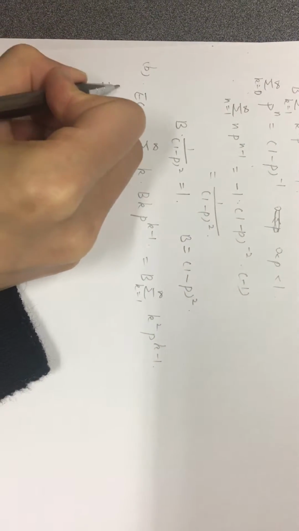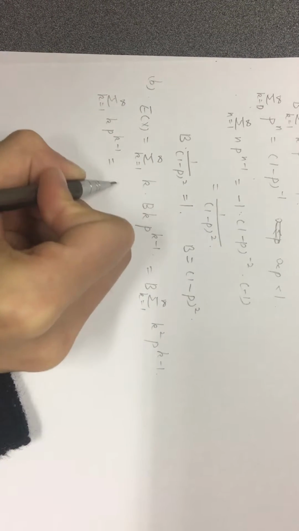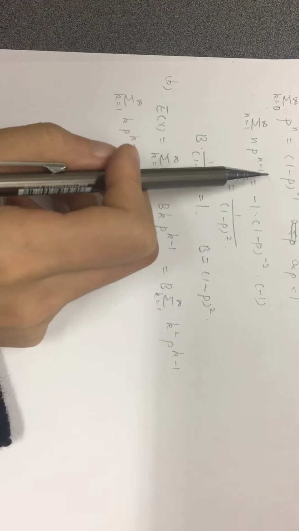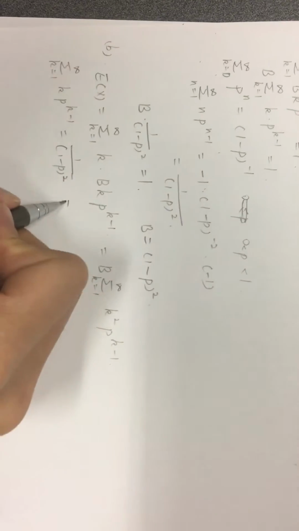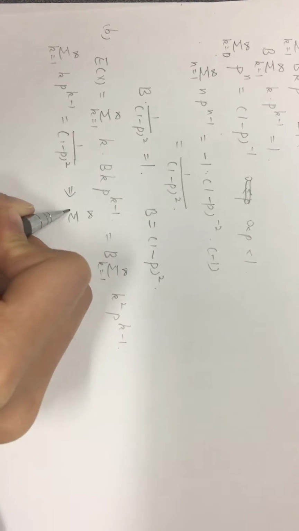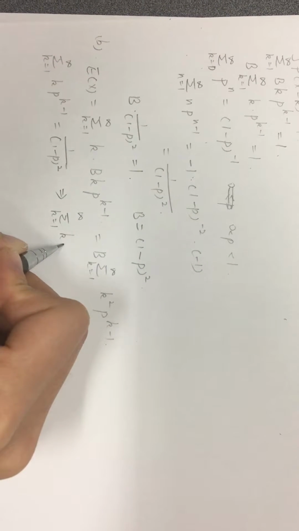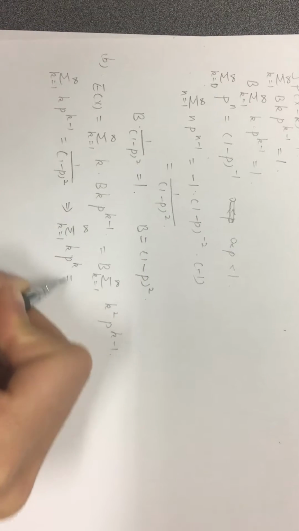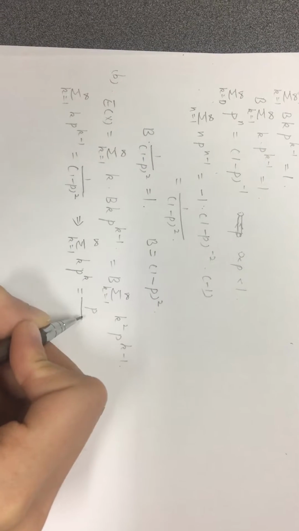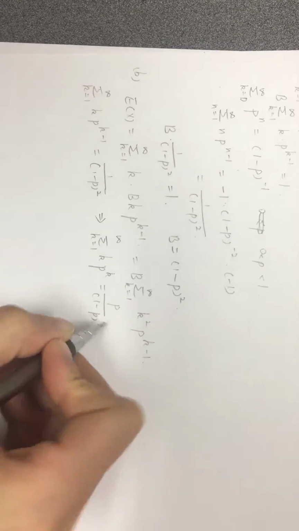We already know the sum of k p to the k minus 1 equals 1 over 1 minus p squared from problem A. Then we multiply both sides by p, and we get the sum of k p to the k equals p over 1 minus p squared.